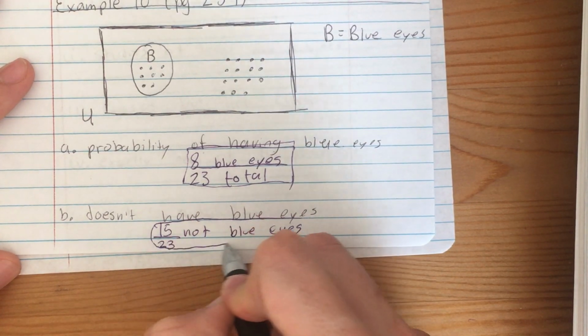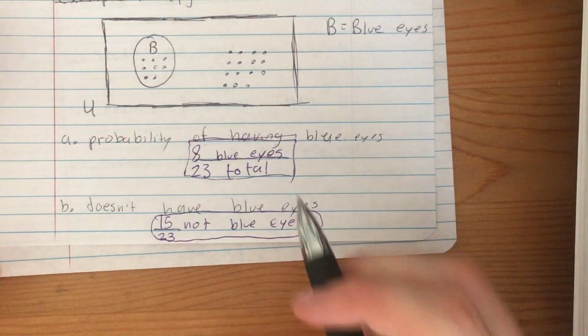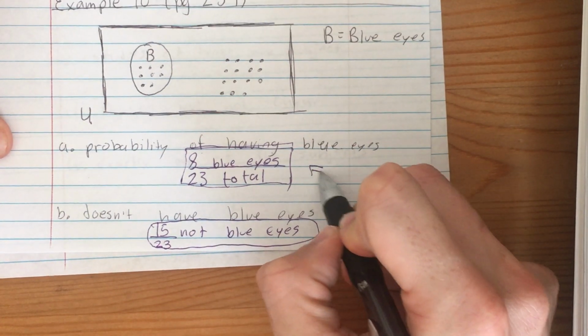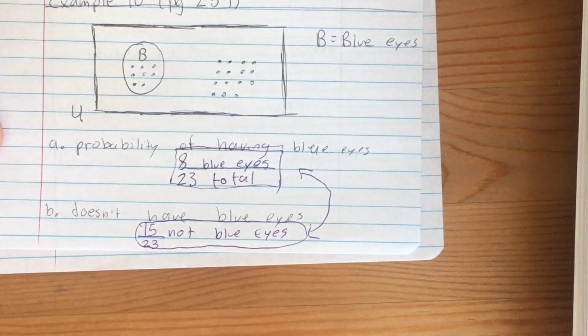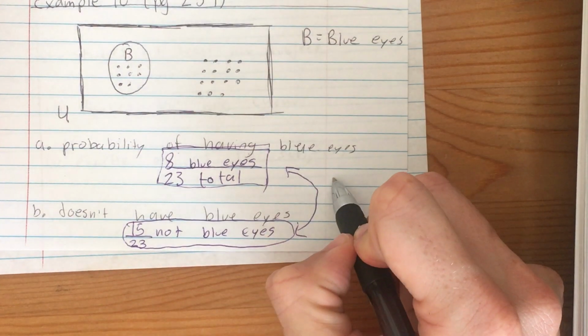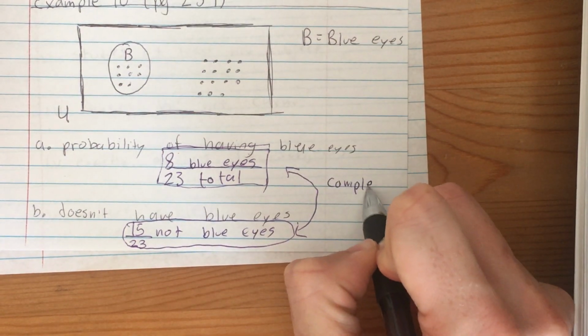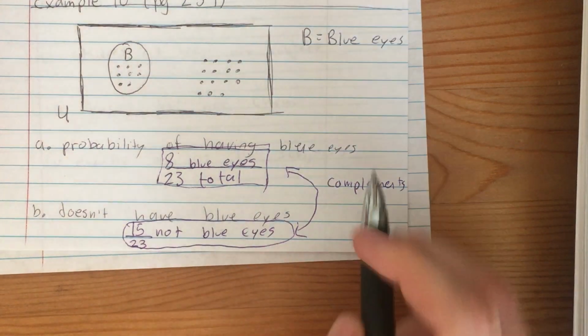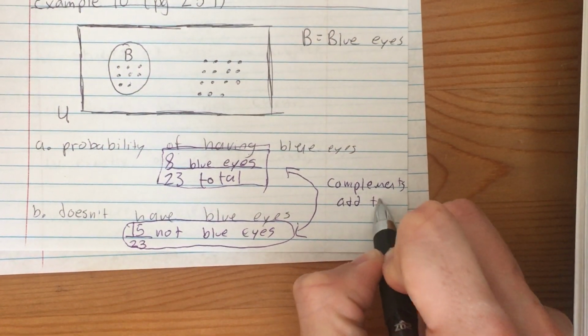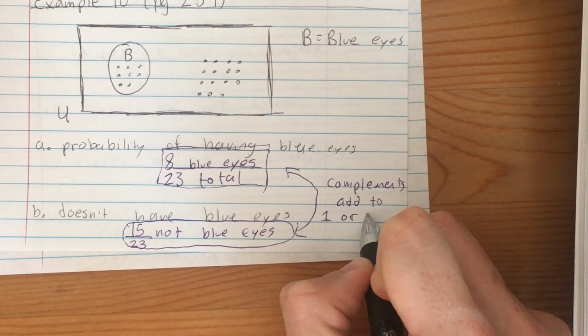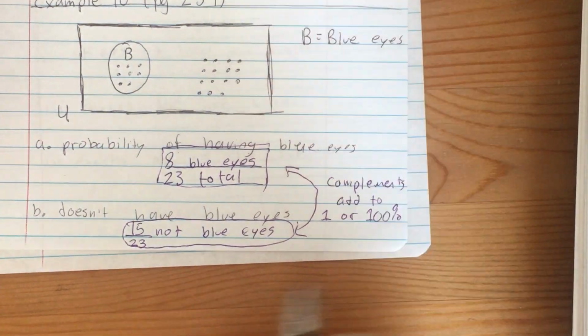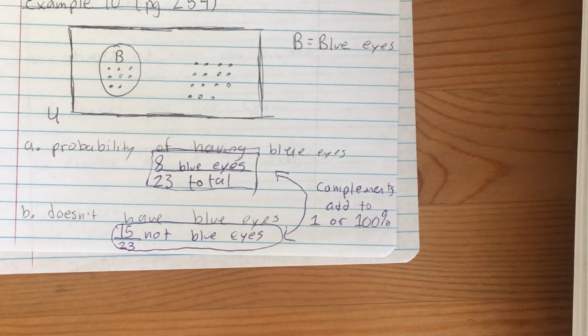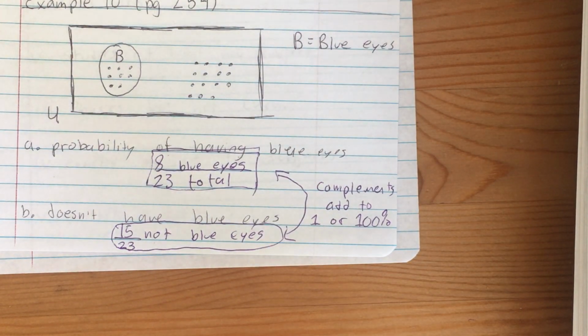And typically, these are considered complements of each other because you either have blue eyes or you do not have blue eyes. The complements, if you add them up together, should add up to a full 100%. So if you do 15 23rds plus 8 23rds, they add to 1 or 100%. Because if you combine these fractions right here, you would get 23 out of 23, which is the full 100%.